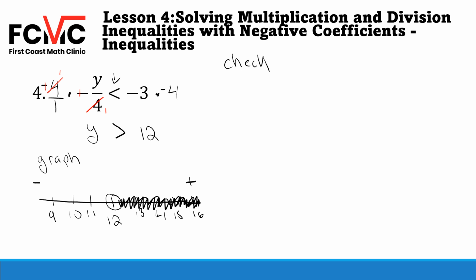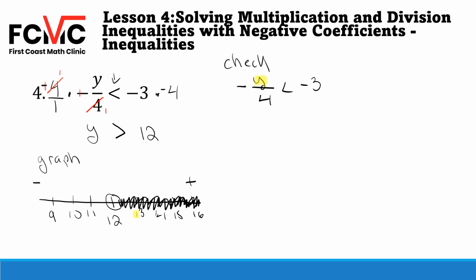Now for my check, we need to pick a value in our solution set, substitute it back into our original inequality, and check our answer. Now, whatever we substitute in for y, we're going to divide by 4. Well, what's a good choice?